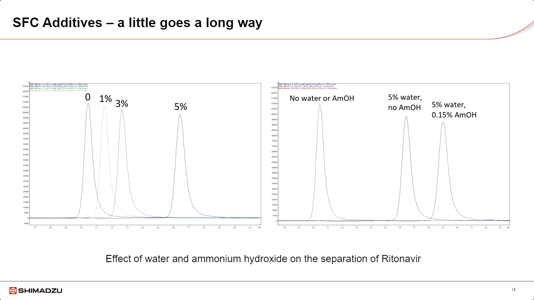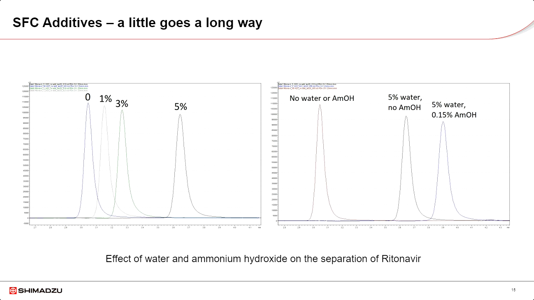When choosing mobile phase systems as part of SFC method development, it's important to bear in mind that additives to the modifier can have a large effect even when only a small amount is added. In this case, we're examining the effects of water and ammonium hydroxide on the separation of ritonavir. On the left, we can see the effect of retention being lengthened and peak shape being slightly modified by the inclusion of water in the mobile phase.